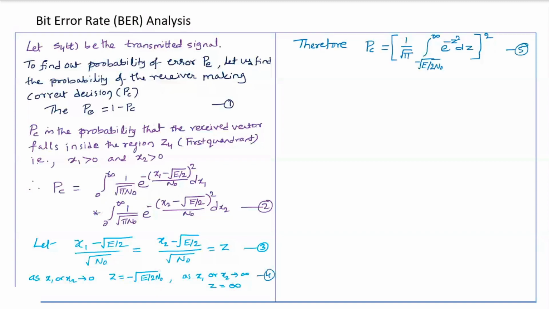Therefore, the probability of making a correct decision, if I substitute these into the above equation 2, will be (1 by square root of pi, integral from minus square root of E by 2N0 to infinity of e to the power minus z square dz) whole square.